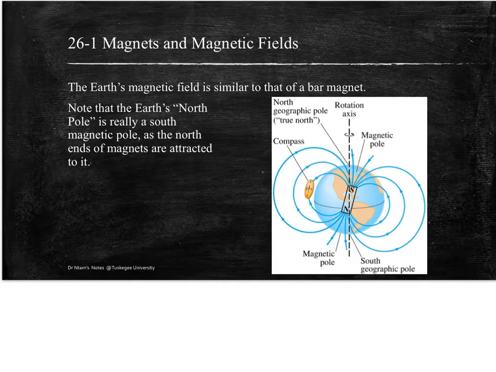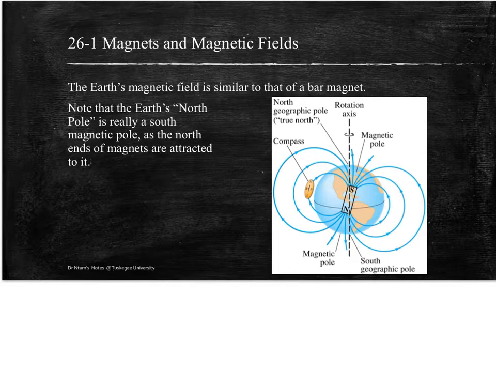The Earth's magnetic field. The Earth's magnetic field is similar to that of a bar magnet. The magnetic field of the Earth behaves as though a giant bar magnet was buried inside the Earth.